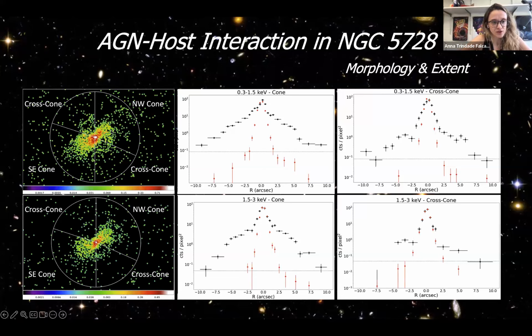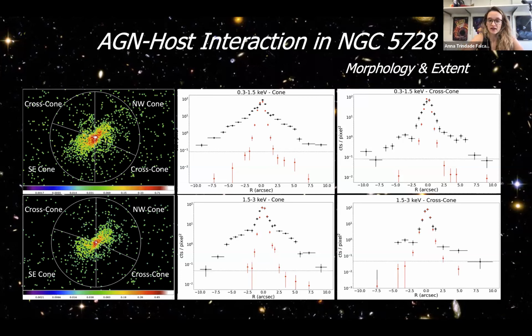We divided this galaxy into cone and cross cone regions. Basically, cone is the direction of the ionization cone, and the cross cone region is the direction perpendicular to that direction. And in here, we analyze this extended X-ray emission in different energy bands, as you can see, and we also analyzed it in the two different directions.